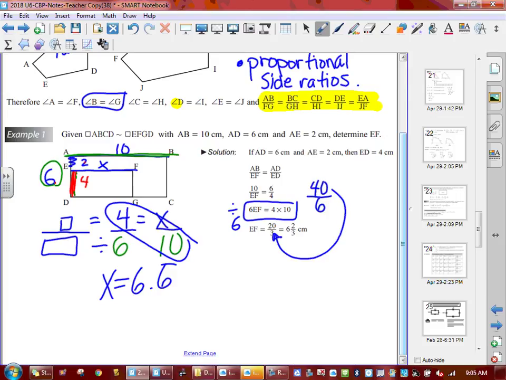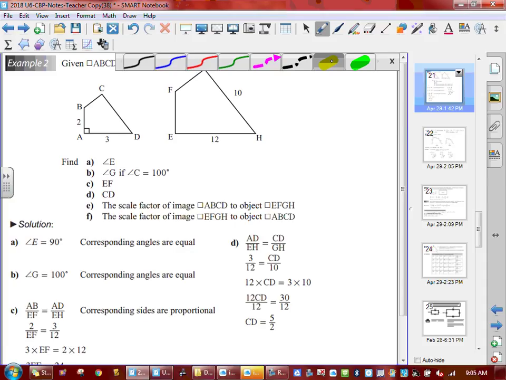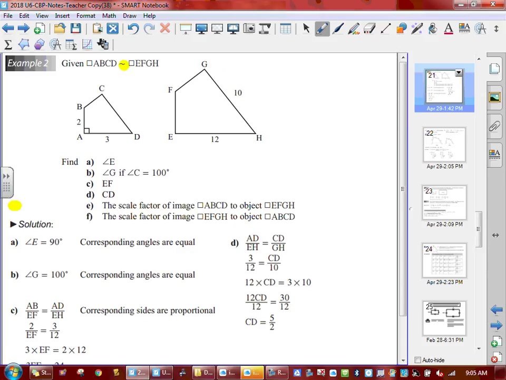Now, what if I was comparing objects? So here's a different type of object. If they're telling us that they're similar, this little symbol over here means, yes, they are similar. So if they're similar, we know the inside angles match. So that means that if this one here is 90, this one here is 90.